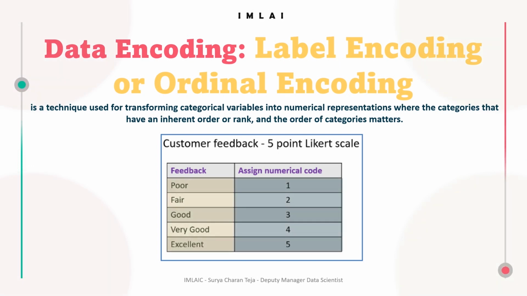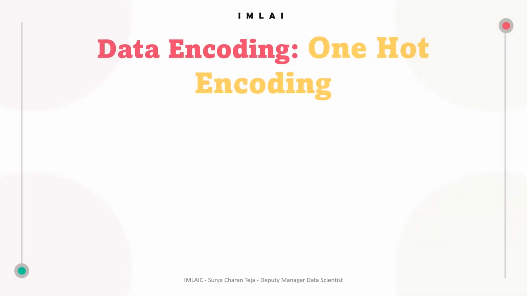So now let's look into the second technique under the data encoding section, which is OneHot encoding. We use this categorical data encoding technique when the features are nominal, that do not have any order.